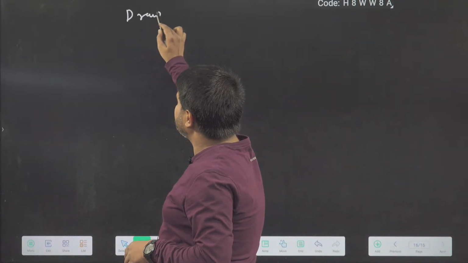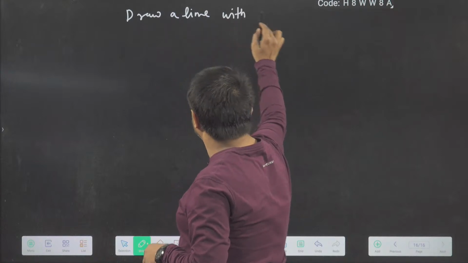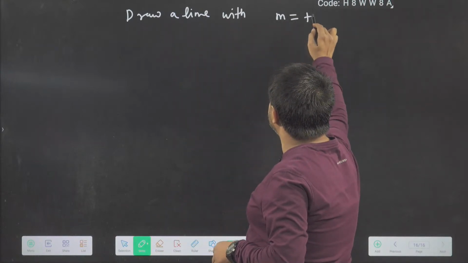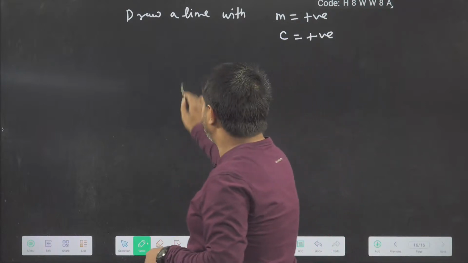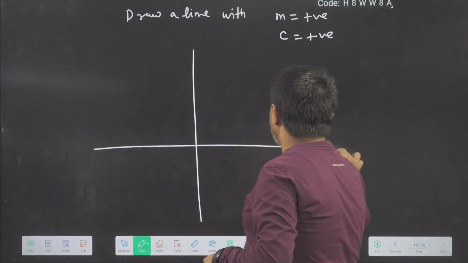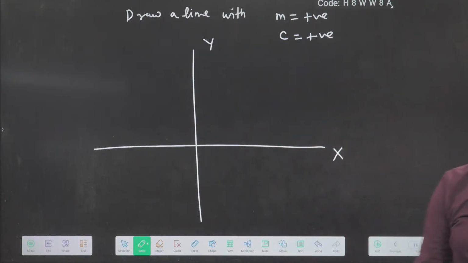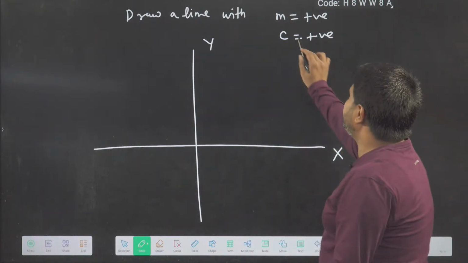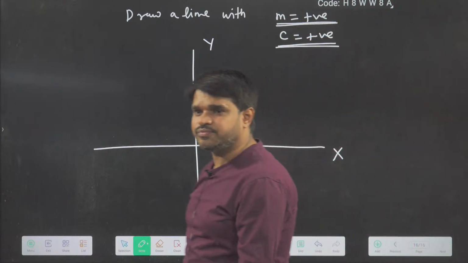Draw a line with M positive and C also positive. Take 1 minute, draw it, and check whether your answer matches mine or not.